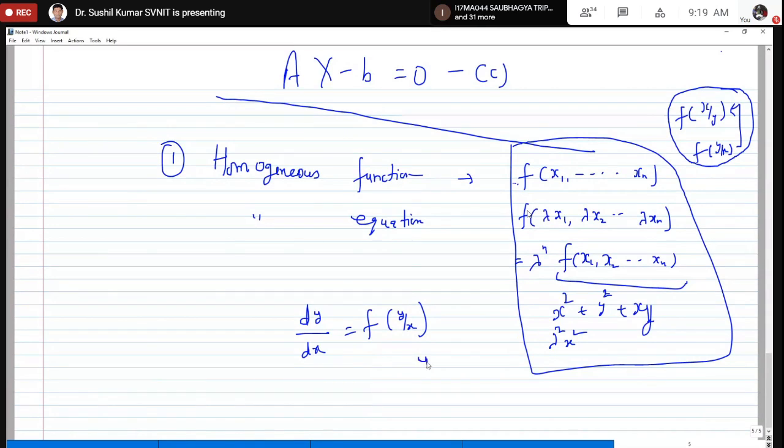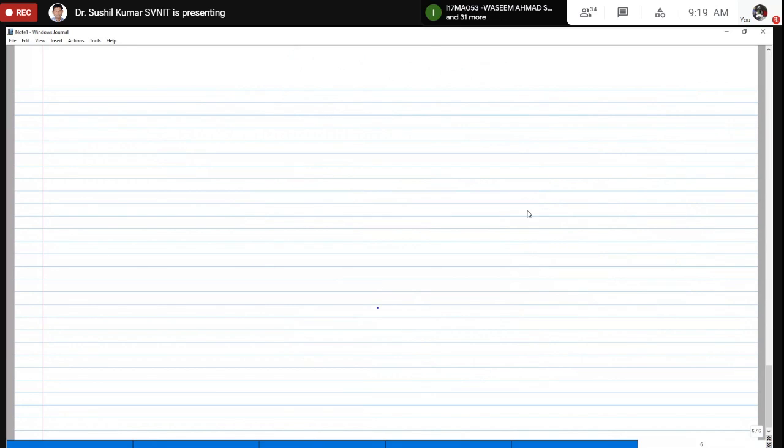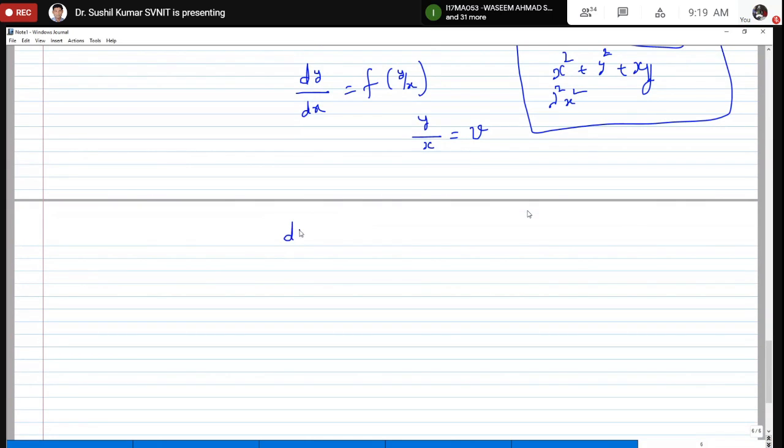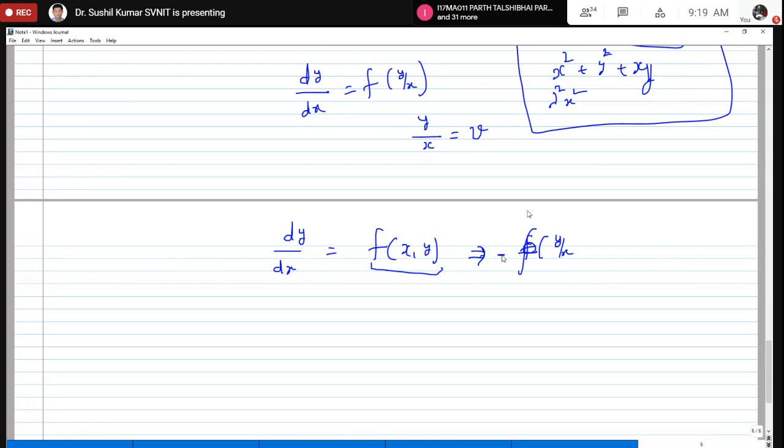In this type of equation, you substitute y over x equal to v to solve it. That means if you can write the equation in this form, some part will be here, let's say of degree n, so x raised to power n f of y over x, or y raised to power n f of x over y.